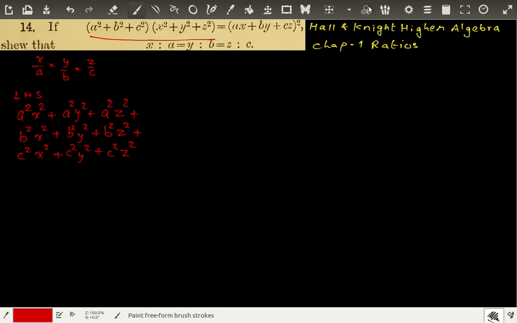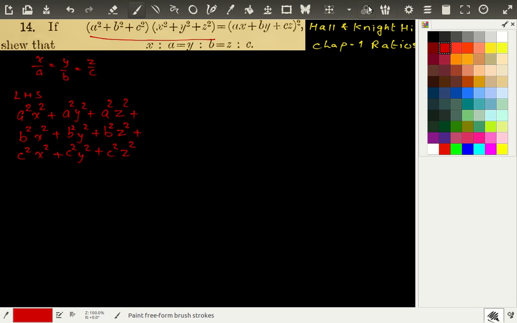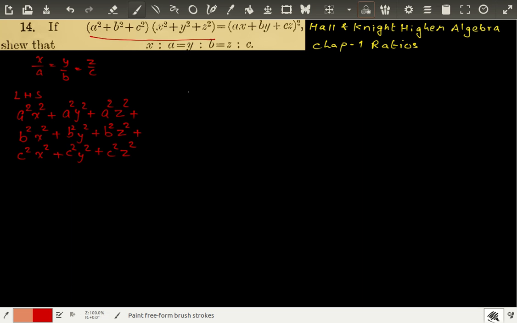Now we have been given, we will now expand this. So let me use a different color so that you can see. So RHS is equal to, you can simply apply the formula of (a + b + c)².